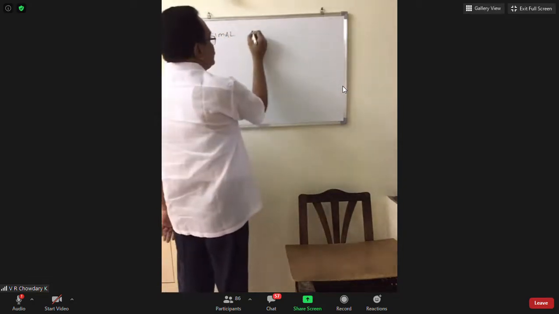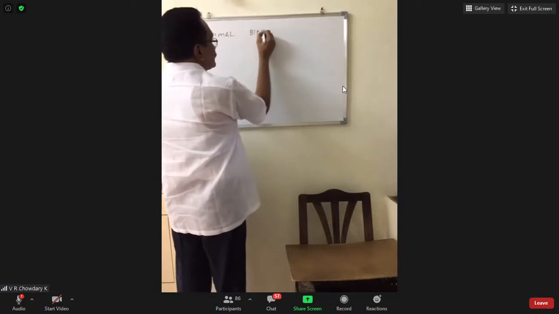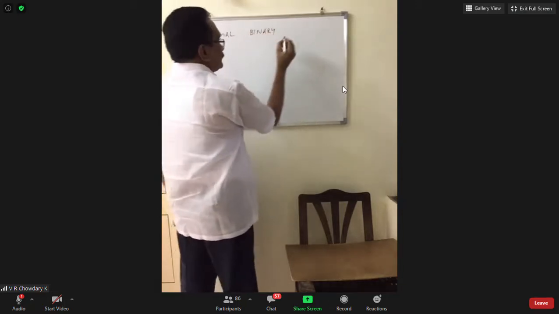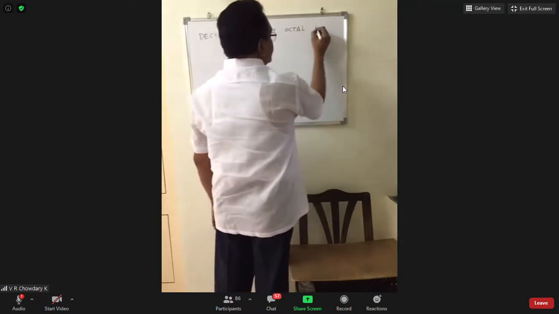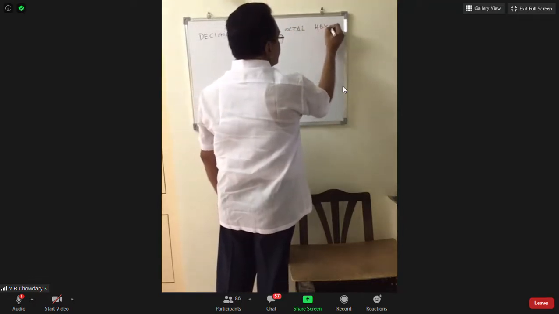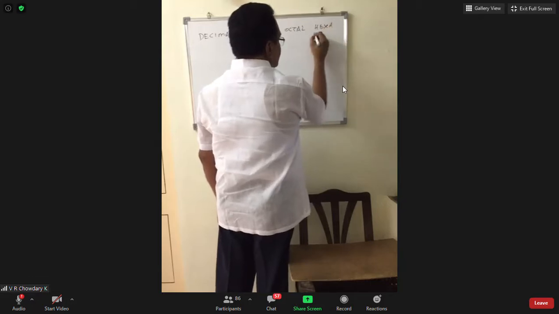So there are 4 types of number systems: decimal, binary, octal, hexadecimal.